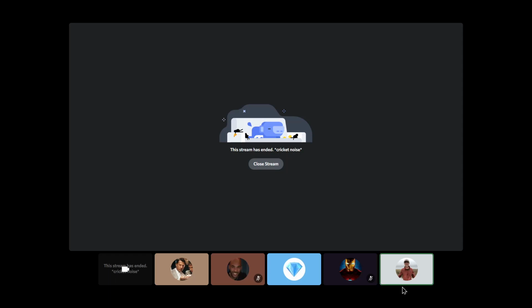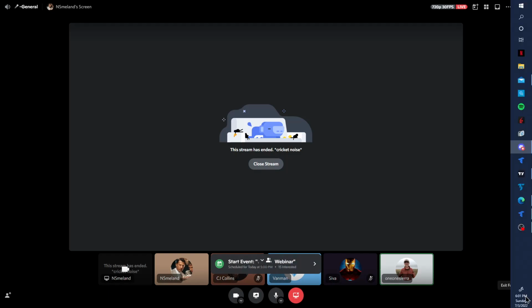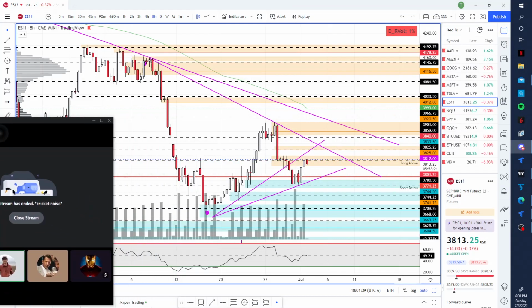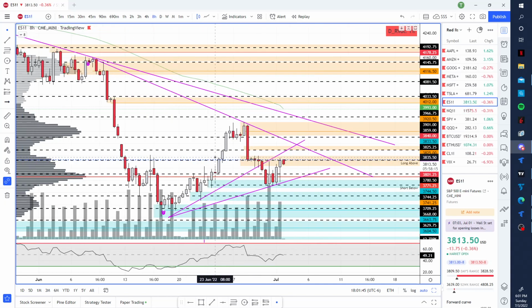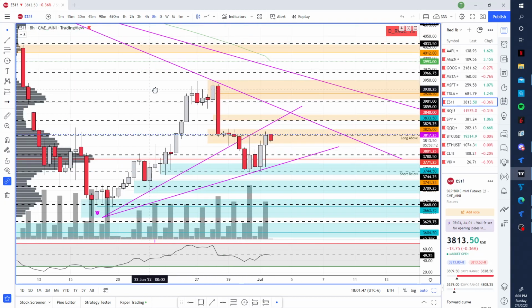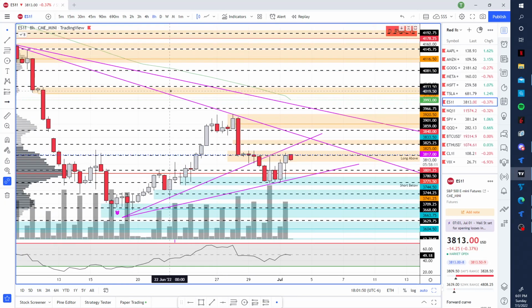So it seems like the signals are working pretty well. One thing I have to work on is managing my emotions. I still have anxiety getting into the trade and holding until a profit target, even if it's moving convincingly towards the profit target. Still struggling with that.